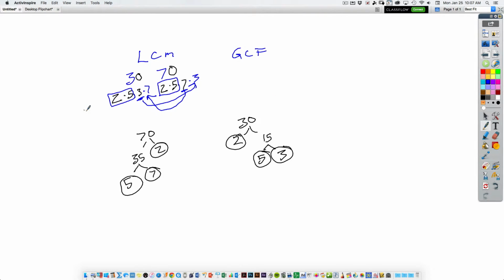Now they all have the exact same factors, so I multiply them all back together again. 2 times 5 is 10, 10 times 3 is 30, 30 times 7 is 210. And that's the lowest common multiple for 30 and 70.